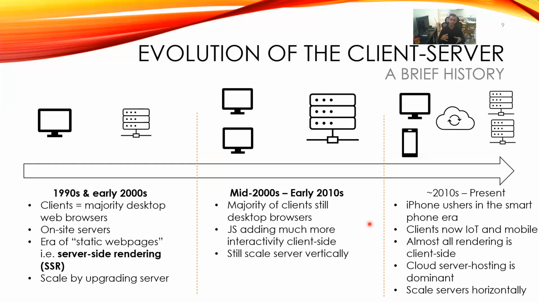For the first time, we have a handheld computer that is almost as powerful, at least in terms of rendering web pages, as the computers of the 90s. In fact, I'm sure the iPhone was stronger than the Gateway PCs or the Hewlett-Packard Bell machines of the 90s. These are old computers. Maybe you guys don't know the brands, but basically the smartphone changed everything, right?